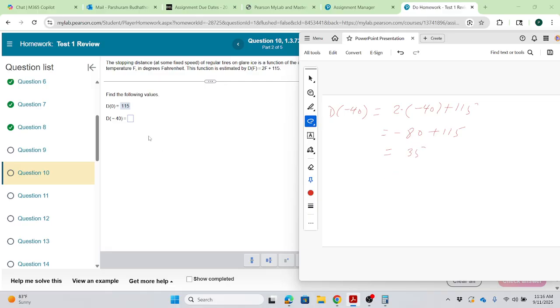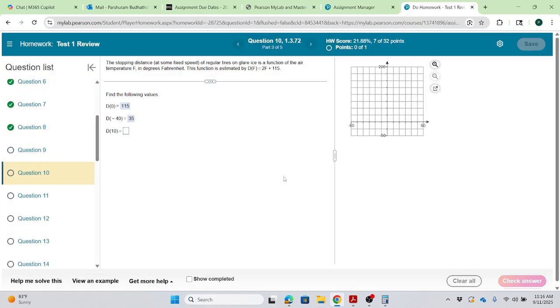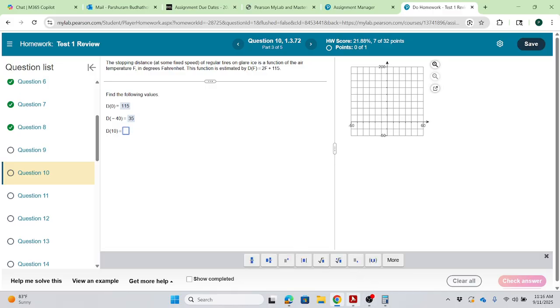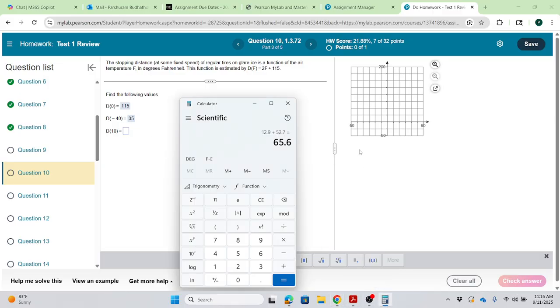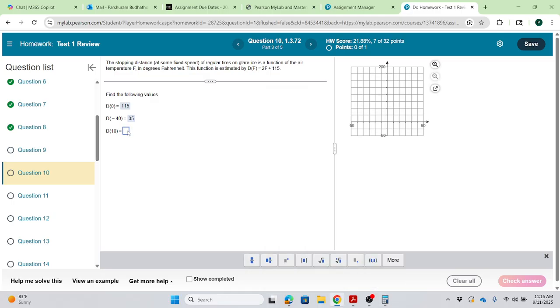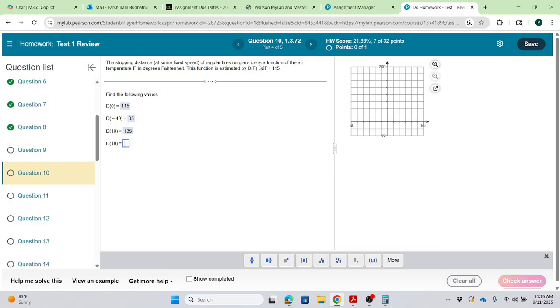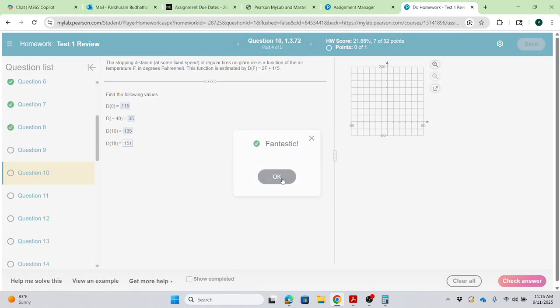So the answer is 35 here. Similarly, you can find it for 10. 2 times 10 is 20, 20 plus 115 is 135. For 18, 2 times 18 is 36 plus 115 is 151. I'm just using a calculator to do this calculation.